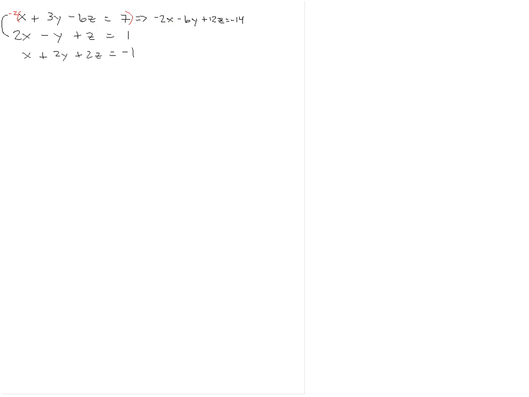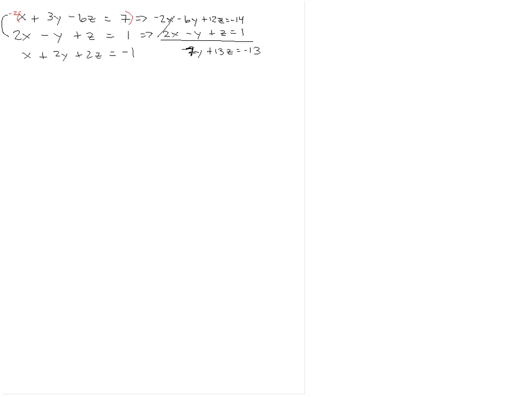This does not change. 2x minus y plus z equals 1. Okay, those cancel out. I'm left with negative 7y plus 13z equals negative 13.